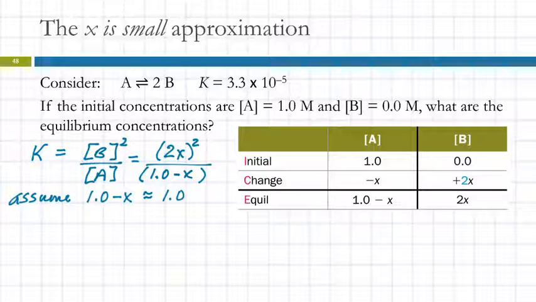So now we can write out that expression. We've got K is 3.3 times 10 to the minus 5, and that's equal to 2x squared divided by 1. Well, that's easier to solve, right?